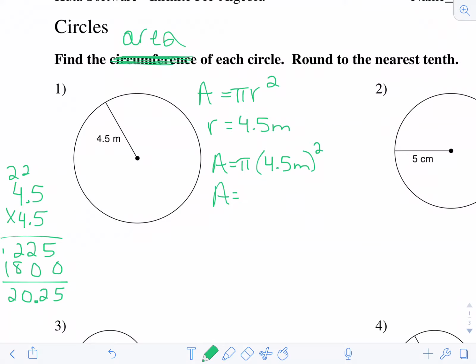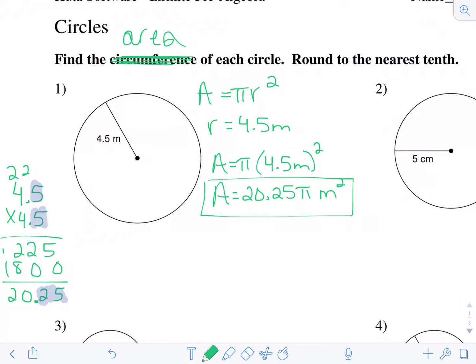The reason I have two numbers behind the decimal is because up here I have two numbers behind the decimal, so I better have two numbers behind the decimal here. So 4.5 squared is 20.25, so I'm going to have 20.25 pi meters squared, and that's my final answer.